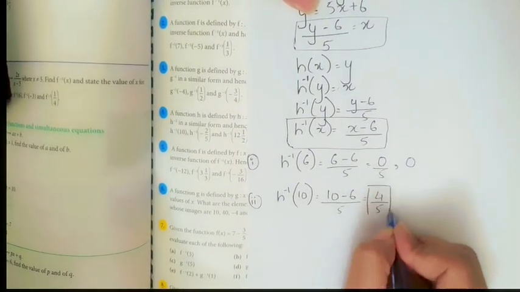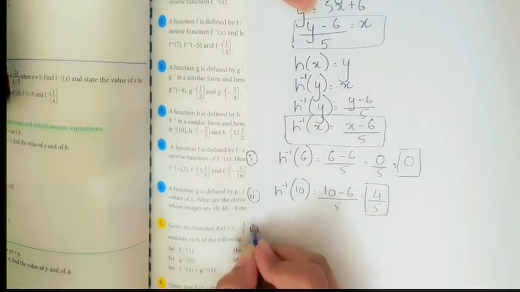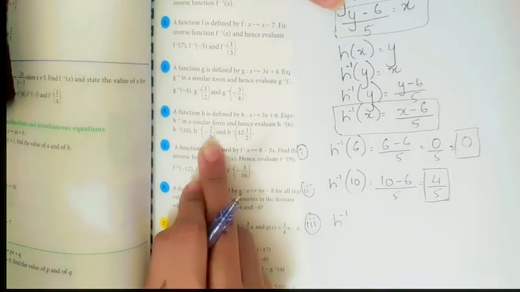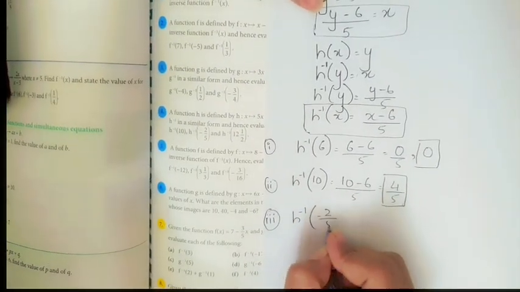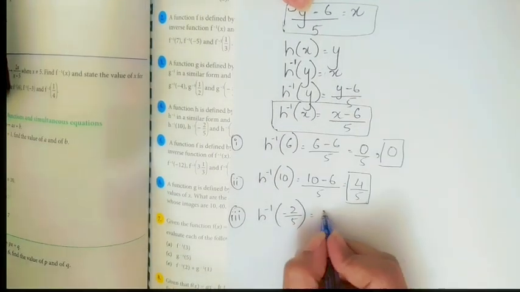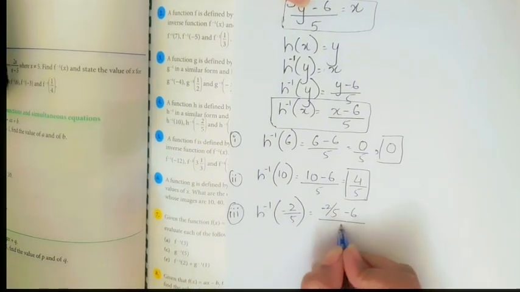This is the second part, this is the first part, and now the third part is we have to find h inverse of minus 2 upon 5. Okay, minus 2 upon 5. In place of x write minus 2 upon 5, minus 6, upon 5.